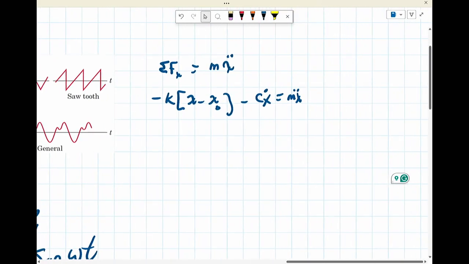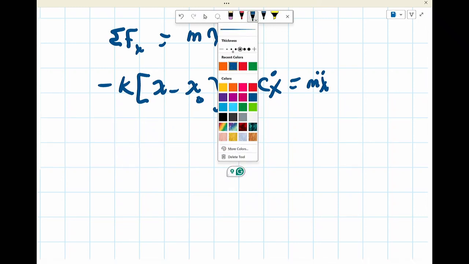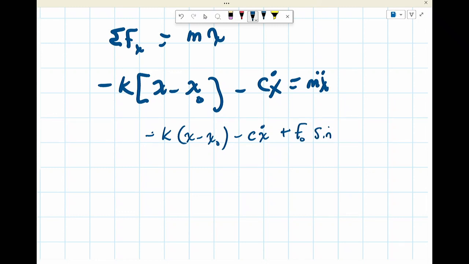But now I have to look at minus k, and I think I'm going to switch my pen here. Minus k times x minus x naught, minus cx dot, plus some F naught sine omega t, which equals mx double dot.